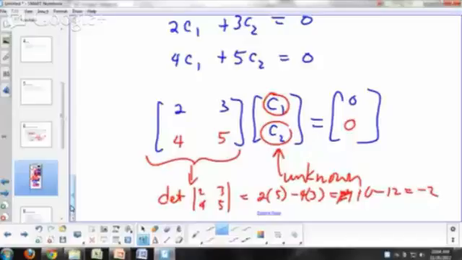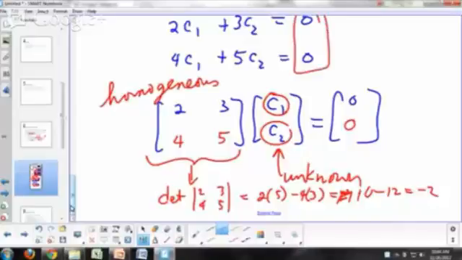Okay. Now, when that determinant is not equal to 0, then the only solution to this problem is that all the unknowns are 0. This is what is called simultaneous homogeneous linear equations. All these terms are 0 right here.